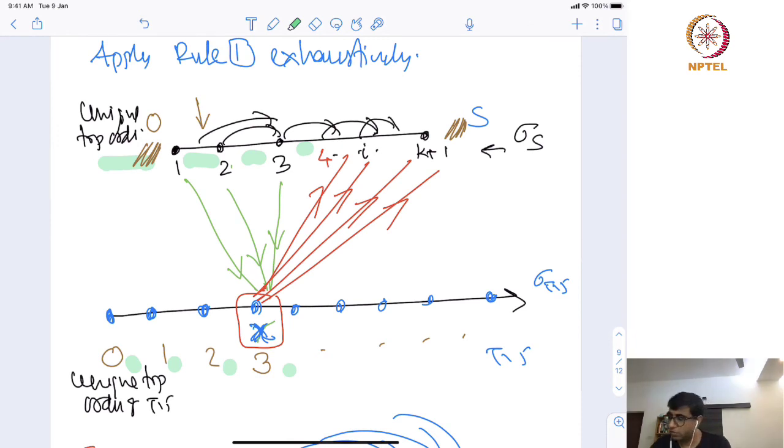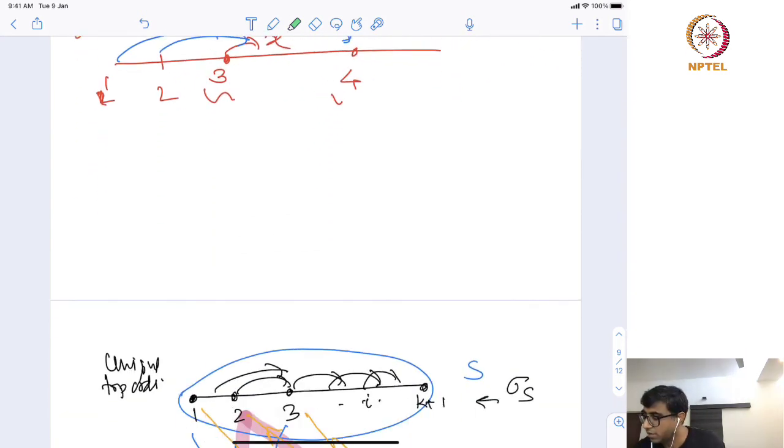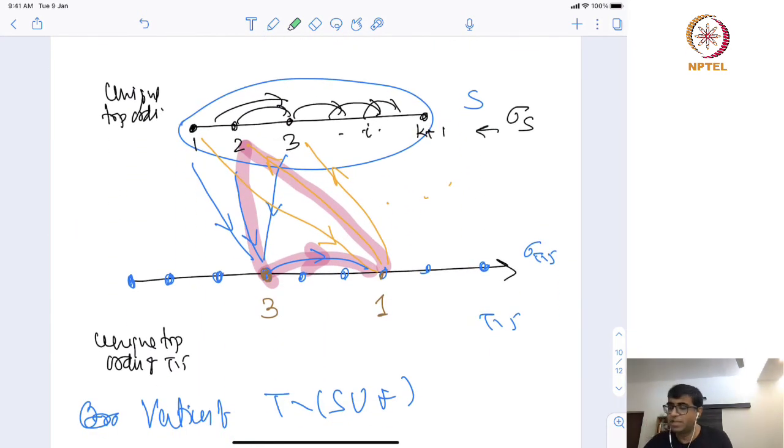But we notice that if we delete the tournament feedback vertex set, these numbers must be in an increasing sequence. Why? Because if they are not, we can form a triangle.